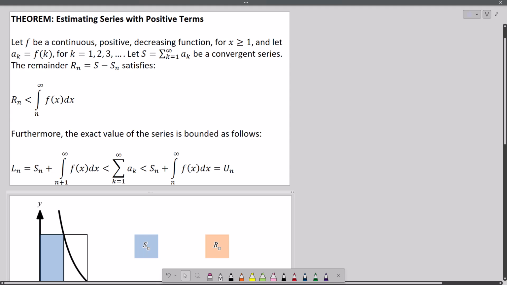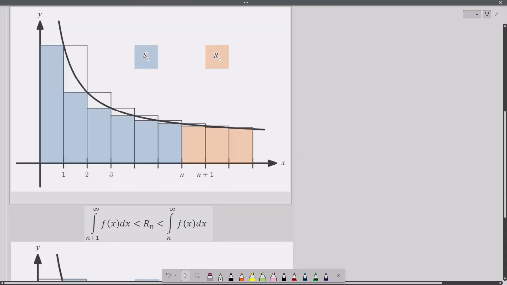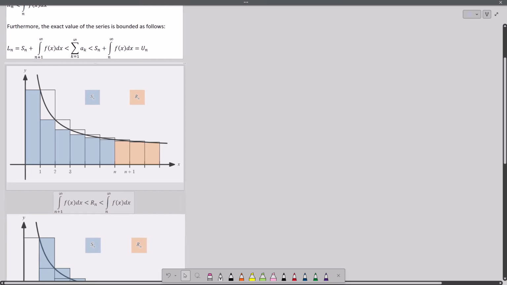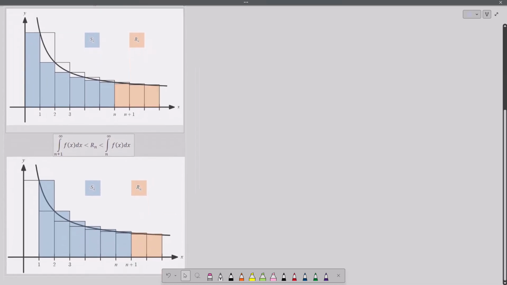So before you look too heavily at this piece, let's look at some visuals here. Let me see if I can get both of those on the same page. Would be ideal. So we've got our curve. We're thinking about positive values, and the blue rectangles here and the blue rectangles here are representing S sub n.